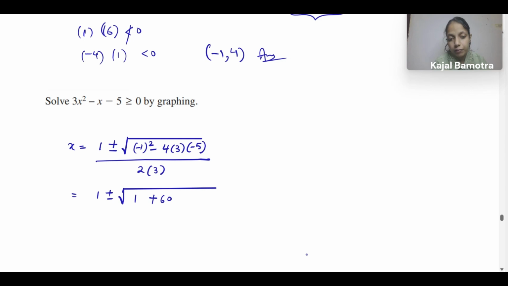So negative negative is positive 60, over 6. So you get x equals 1 plus or minus the square root of 61 over 6.